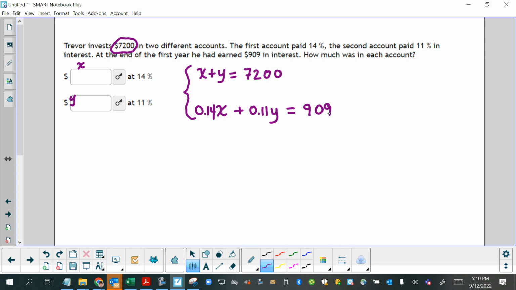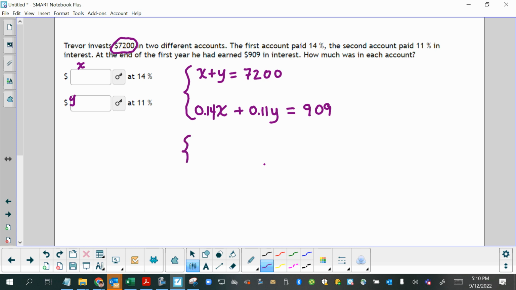So now I've got my system of equations and I'm ready to start solving. One thing you might want to do is to get rid of your decimals, although it's not really required. Sometimes that can make things feel more comfortable. So you could multiply the second equation through by 100. That will effectively move the decimal places over twice.